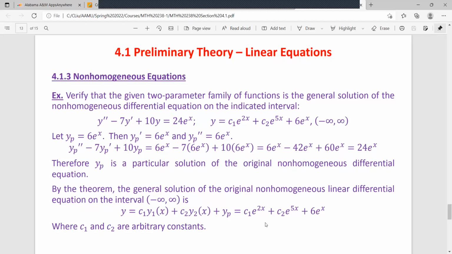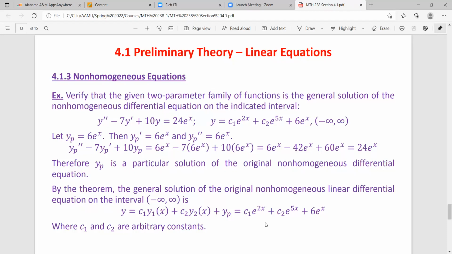Any questions? So that was the solution for the non-homogeneous differential equation. We have to verify the homogeneous equation first, and then you can verify the non-homogeneous equation.